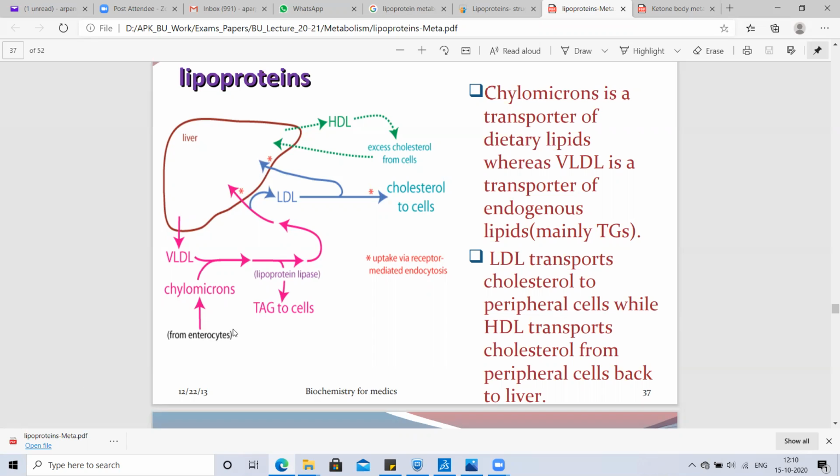And what do chylomicrons do? They come from the intestine, that is the enterocytes, and they basically enter into the liver, and here they are involved in various synthetic processes. So this is overall the balance between HDL, LDL, VLDL and chylomicrons inside the liver cell.